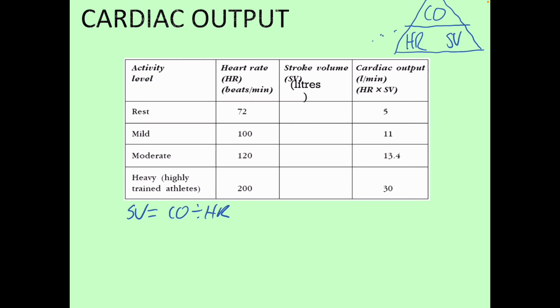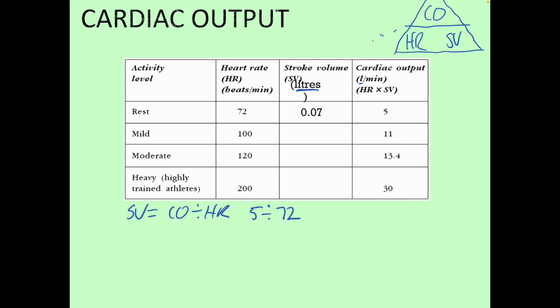To work out the stroke volume of this person at rest, we need to do 5 divided by 72. Checking the units, the cardiac output's in litres per minute and they're wanting the stroke volume in litres, so that's fine. 5 divided by 72 is 0.07.